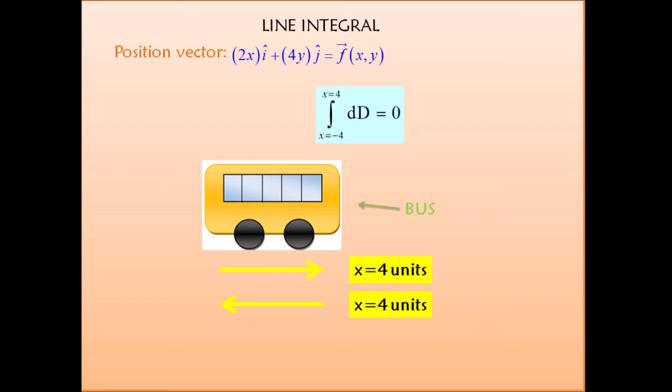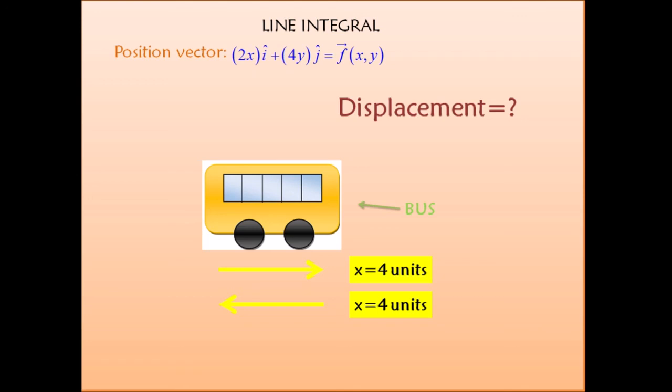So here comes a question. Since we are able to find out the distance of this bus, we need to find out the displacement of this bus. As you can see, there is a common difference between distance and displacement, and you must have noticed that in many of your classes.